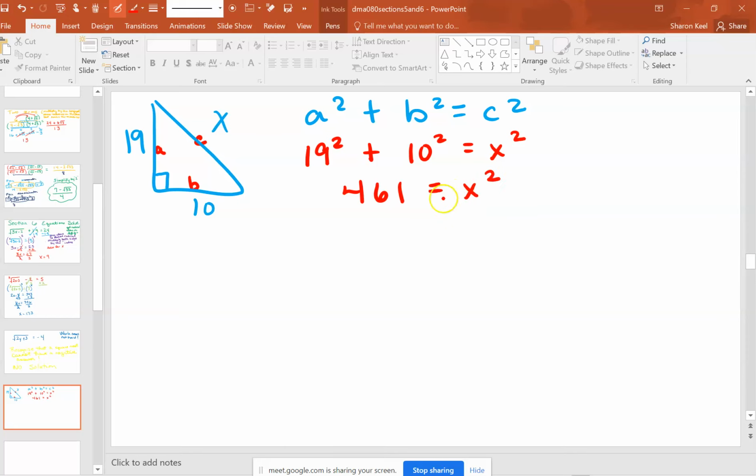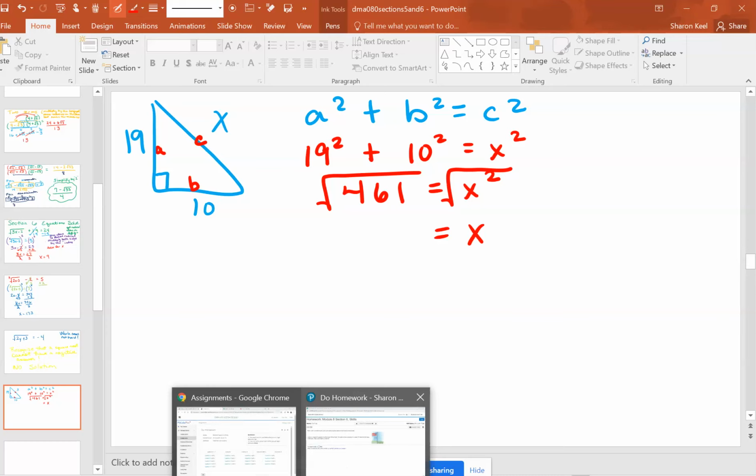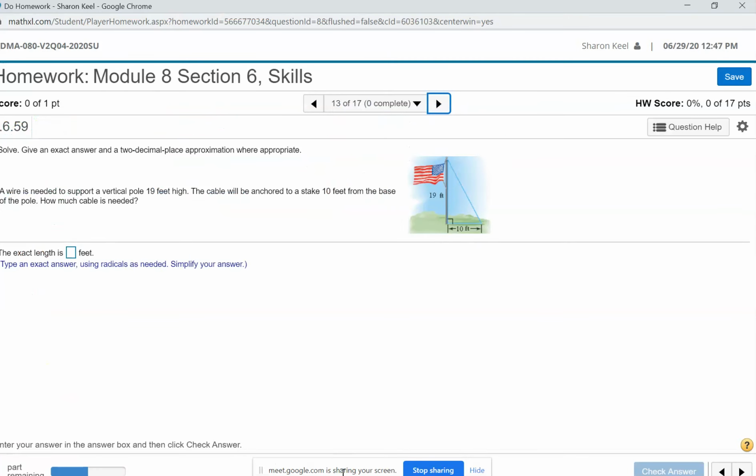So for problems like this, let me look back here. It's going to ask us first for the exact length. Type an exact answer using radicals as needed. Sometimes it'll ask for exact and then an approximate rounded to so many decimal places.